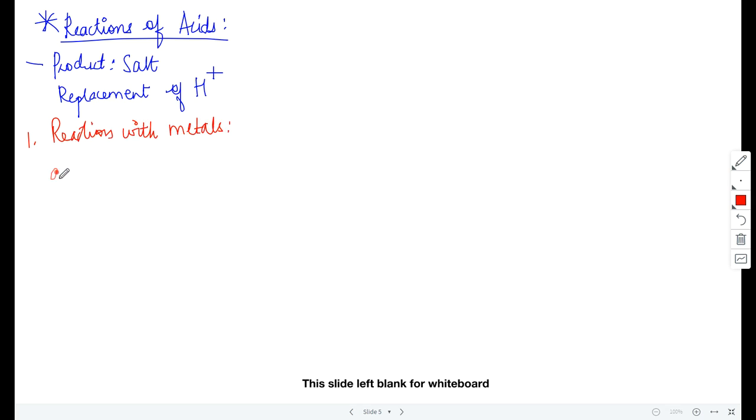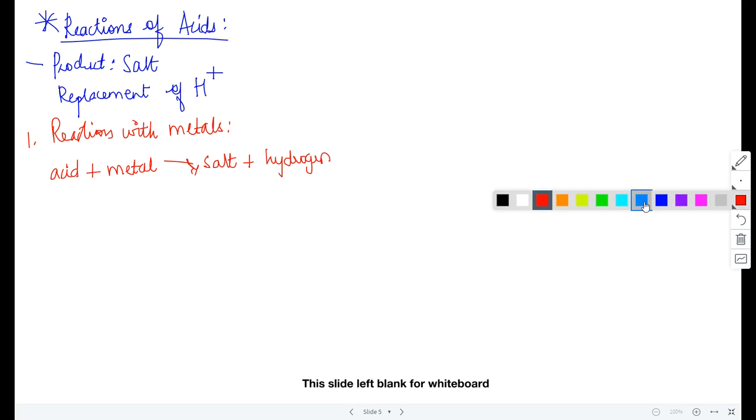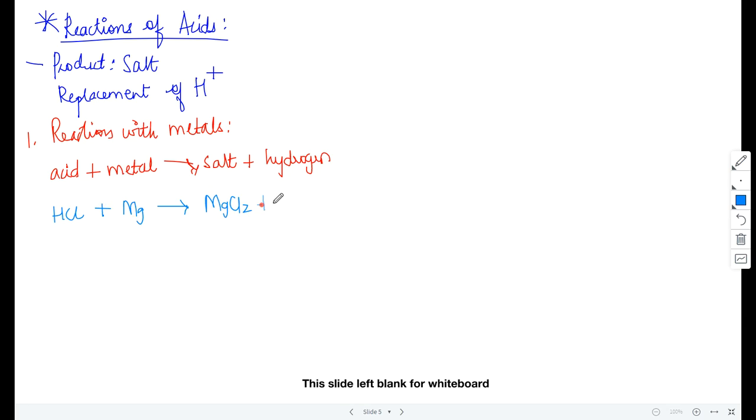In general, whenever an acid is reacting with a metal, we are going to get a salt along with hydrogen. So let me take hydrochloric acid plus a metal, magnesium, which is giving me magnesium chloride plus hydrogen.